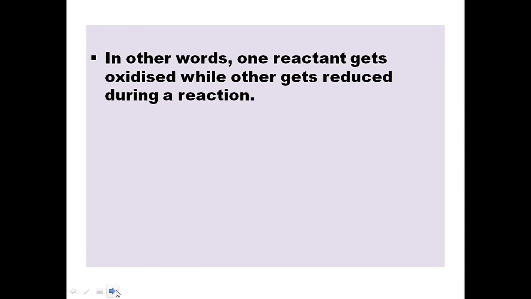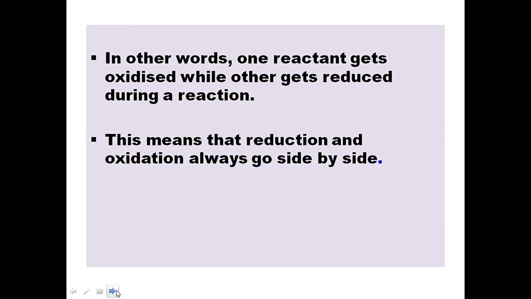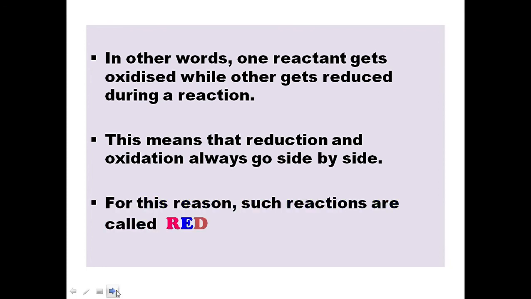This means that oxidation and reduction always go side by side, that is, they occur simultaneously in a reaction. For this reason, such reactions are called redox reactions. The Red term stands for reduction, and the OX term stands for oxidation. Combining them, we get redox.